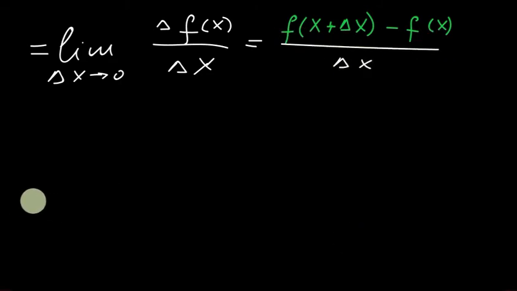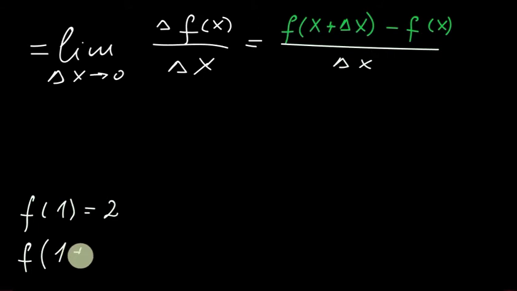Let's say we have a function f of 1, and it's equal to 2. It's any function, I don't know. And we say that f of 1 plus delta x, and our delta x is, for example, 0.001, is 2.1. So our delta f of x will be 0.1.